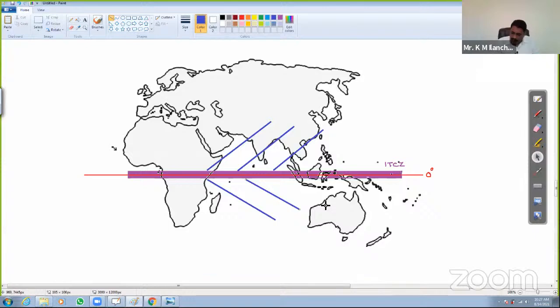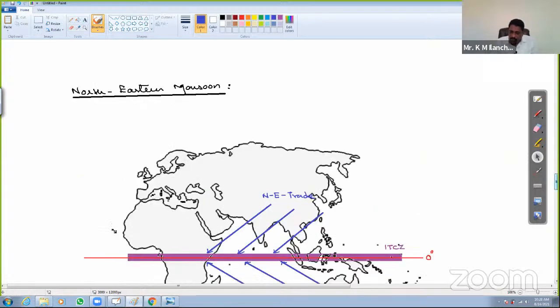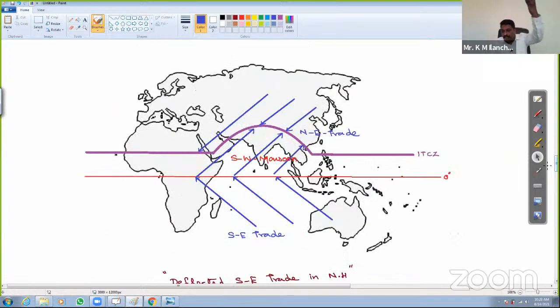To make it very simple, the northeastern trade, which once got displaced from India, once again gets re-established over the Indian landmass. Earlier, the northeastern trade had shifted north of India.